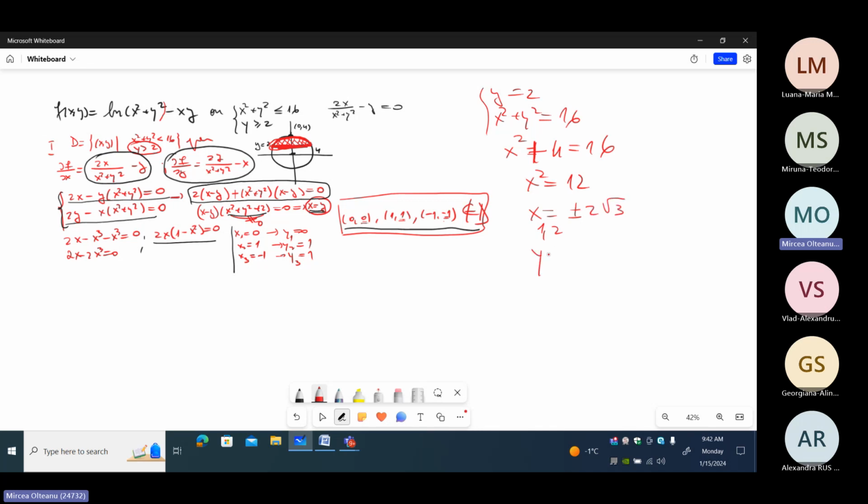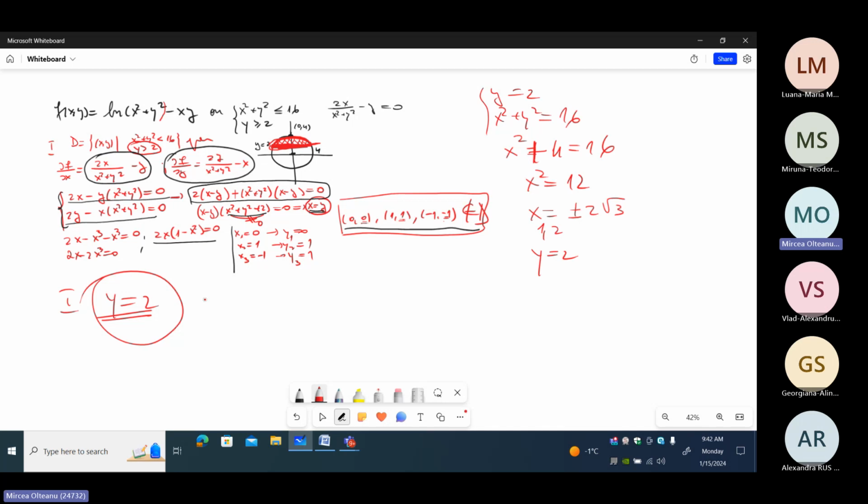And y equals 2. So actually, we have two possibilities. First, when y equals 2, so here we are on this straight line, yes?